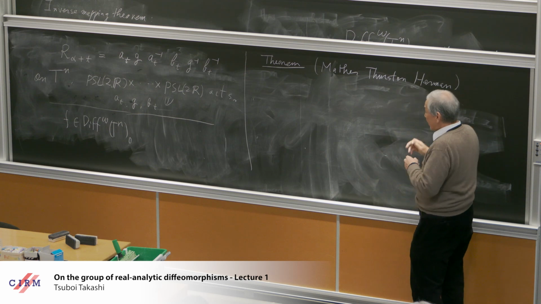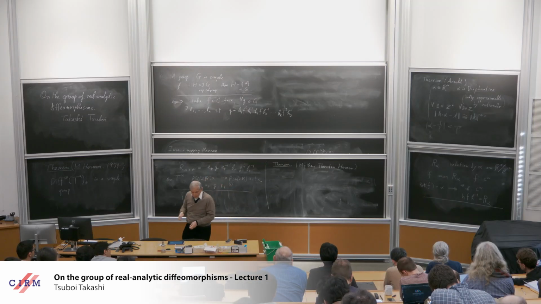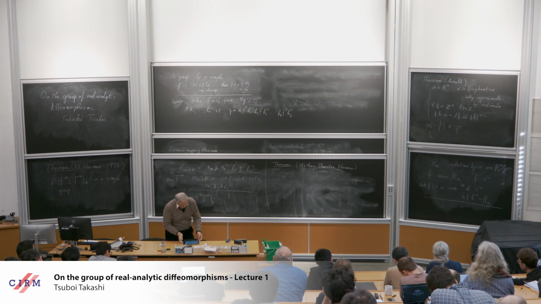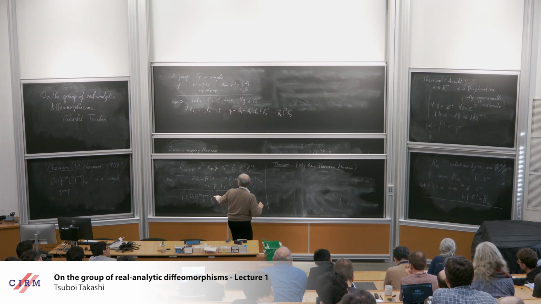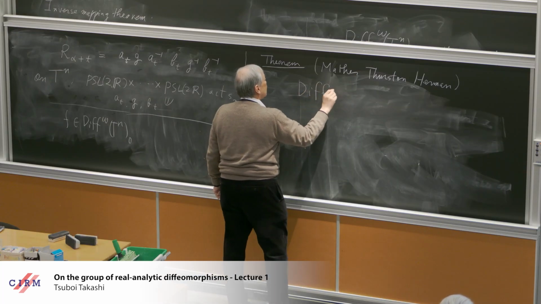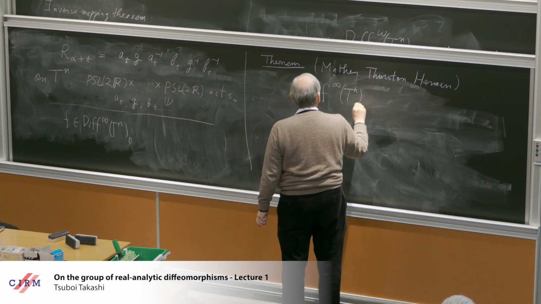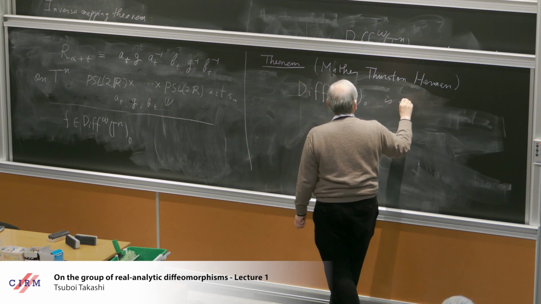This is in Thurston's paper in the Bulletin. Foliation is the group of diffeomorphisms, I think. This group, if it is not C omega, Diff infinity of T^n at 0 is simple.